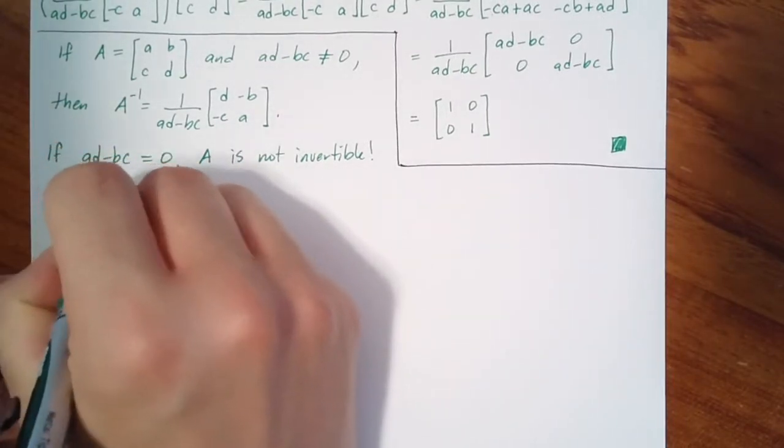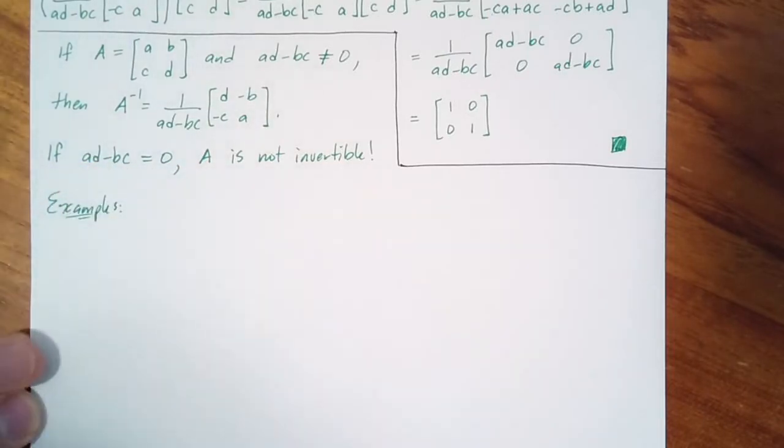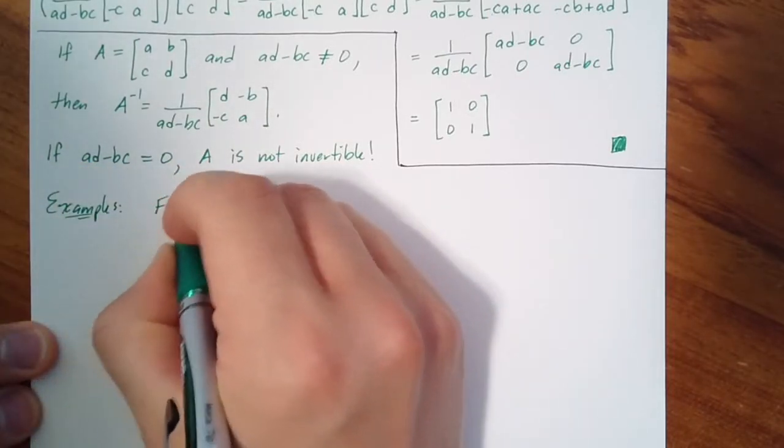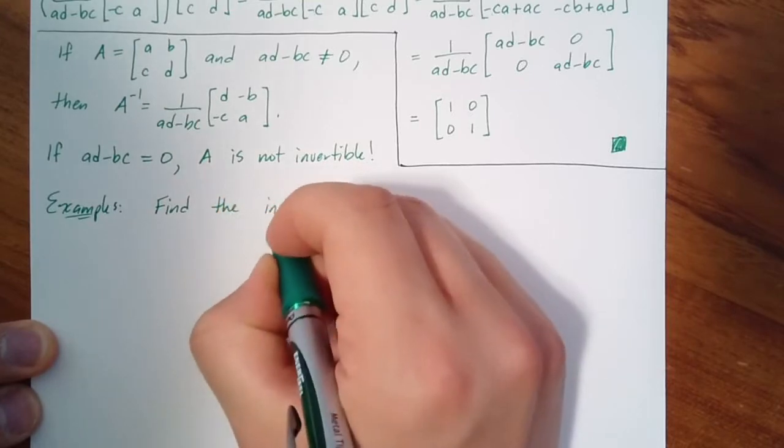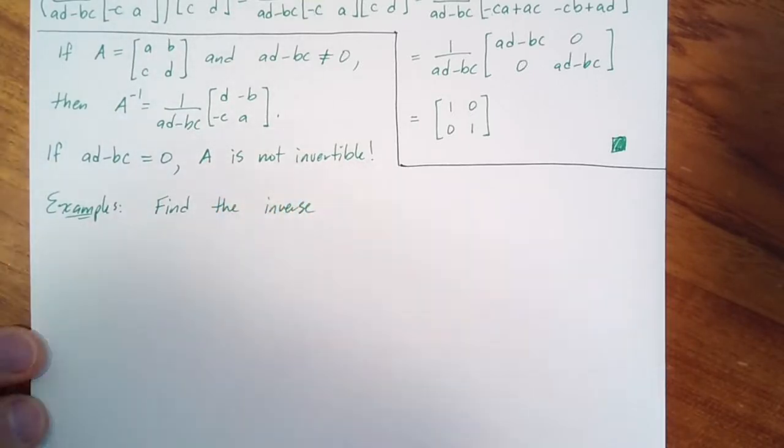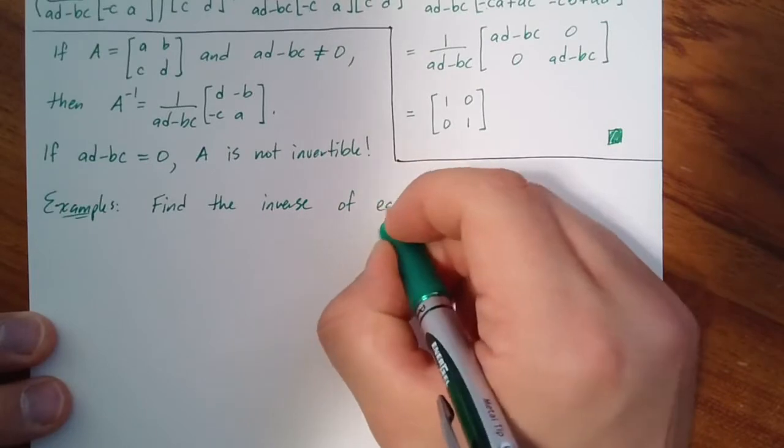Here are some examples without further ado. Okay, so I'm going to give you two matrices, and we're going to find the inverse of each one, if possible.